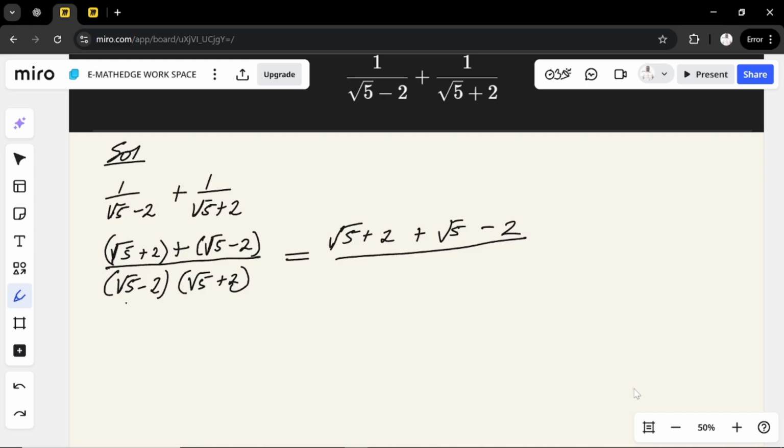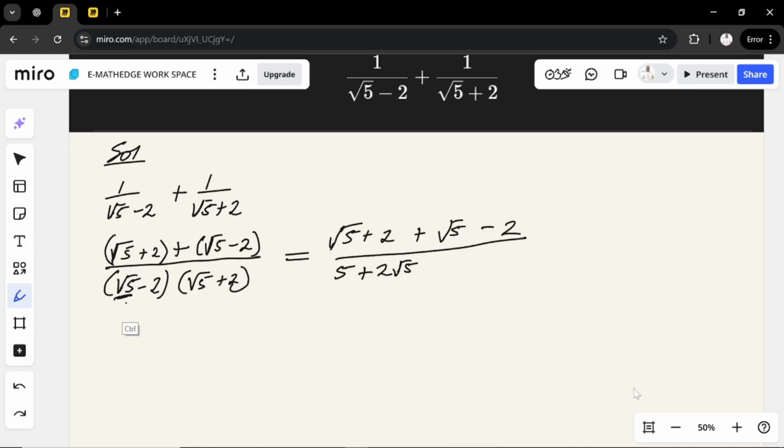So the root of 5 multiplying the root of 5 is going to give us 5, right? Now the root of 5 multiplying 2, positive 2, mind you, so it's going to be positive 2 root 5, right?